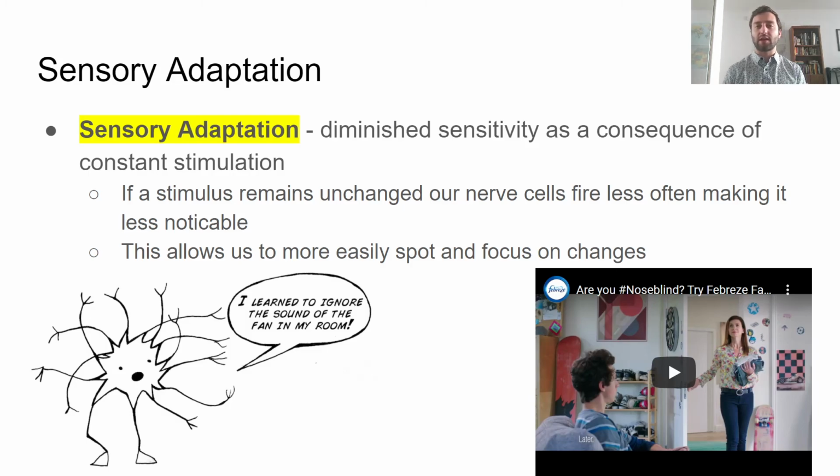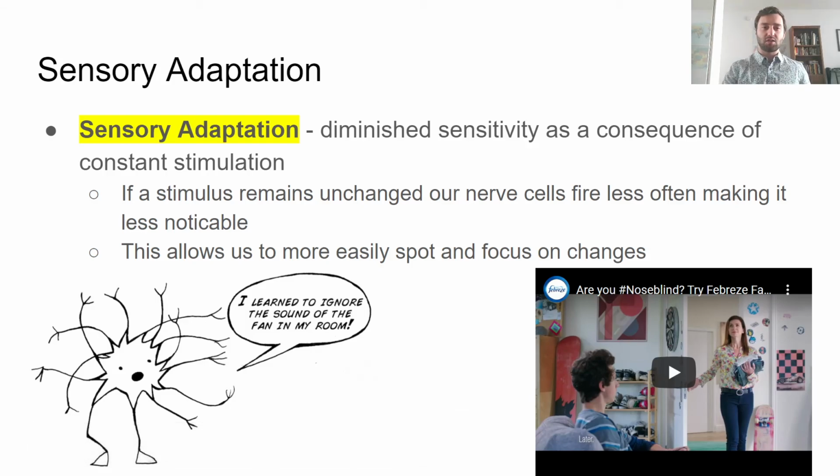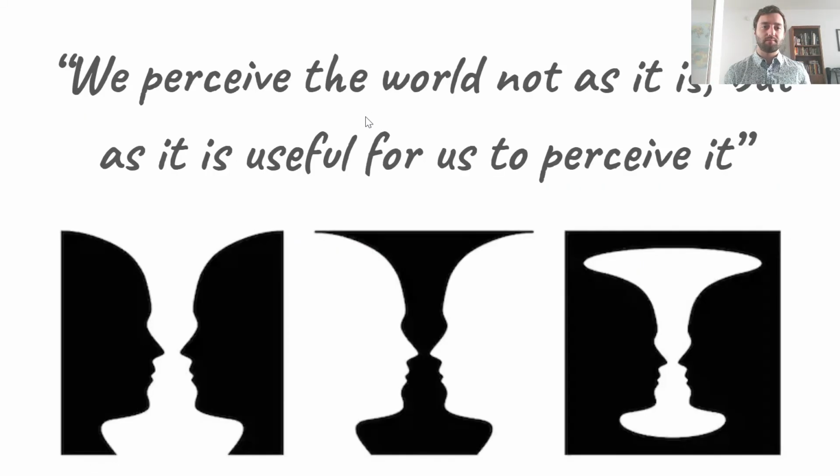All of a sudden you hear the crack of a stick. That becomes very noticeable because it's different. We're not being overwhelmed by the noises that have been there for a long time. And that's sensory adaptation: over time, the sensitivity of our sense organs is diminished when we have a constant stimulation.